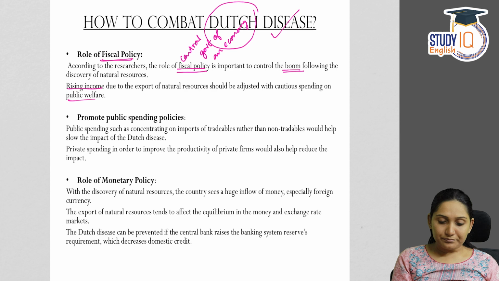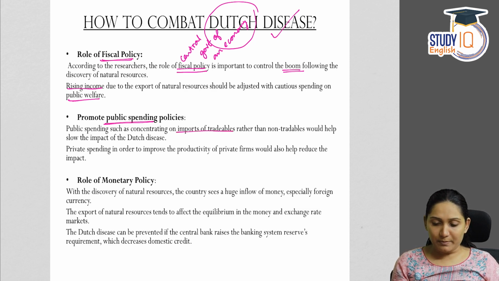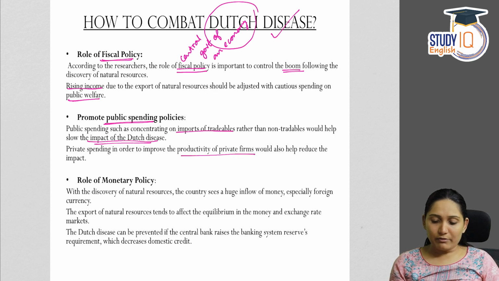So public welfare should be given importance. Second is to promote public spending policies. Public spending policies such as concentrating on import of tradables rather than non-tradables would help in slowing down the impact of Dutch disease. Private spending in order to improve the productivity of private firms would also help reduce the impact.